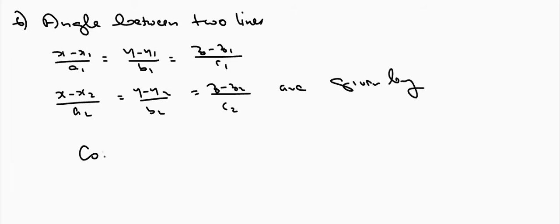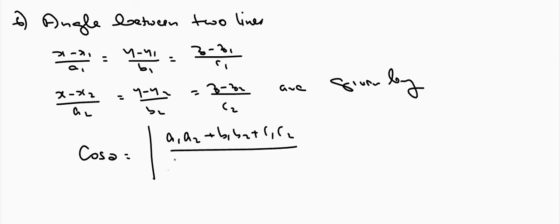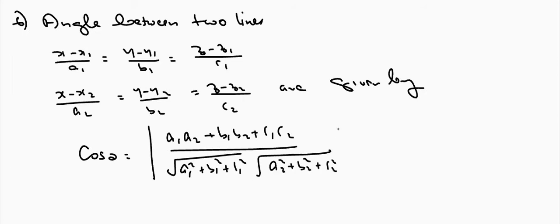cos theta equals the modulus of (a1 a2 plus b1 b2 plus c1 c2) divided by root of (a1 square plus b1 square plus c1 square) into root of (a2 square plus b2 square plus c2 square). Now the condition for the lines being parallel and perpendicular.